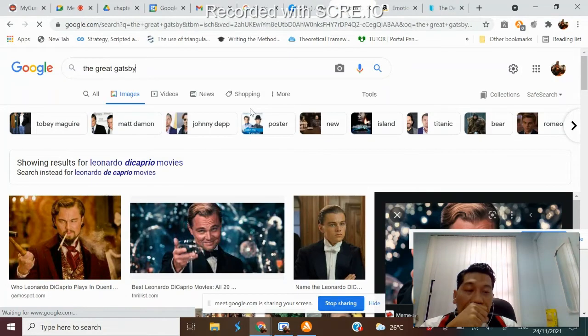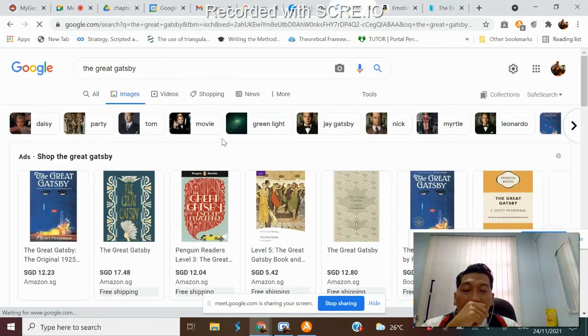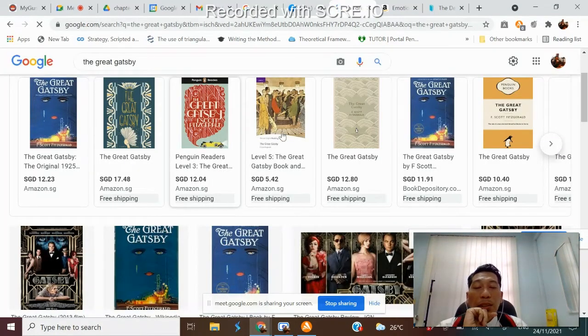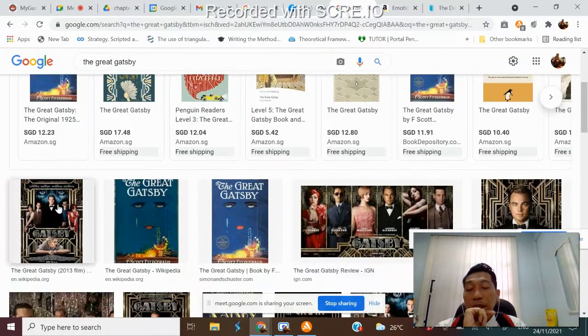Let's have a look. So this is the concept of Art Nouveau.